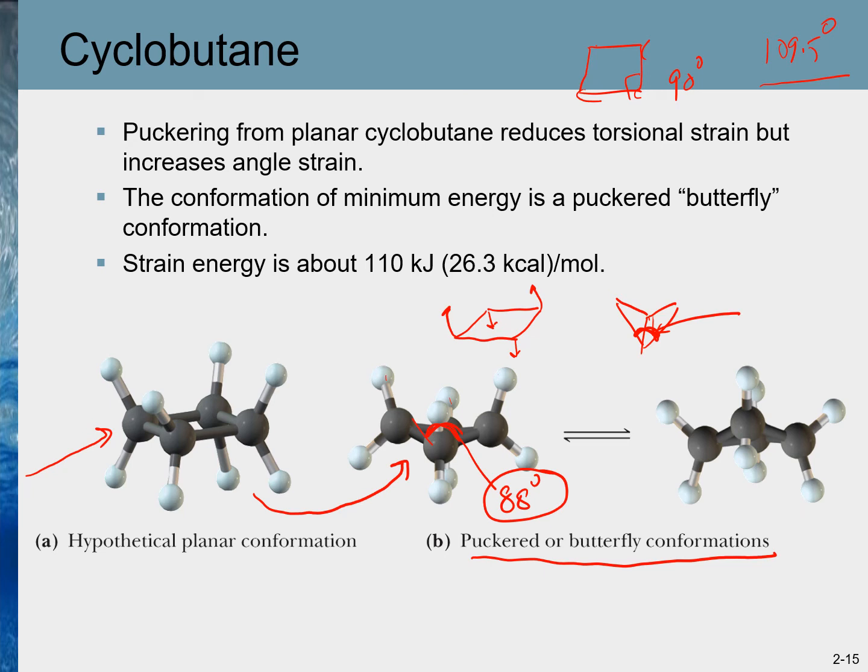In case of cyclobutane, again, the total strain energy is calculated to be about 110 kilojoules, which is still a considerably high amount of energy. Because of this, cyclobutane is also a relatively unstable molecule.